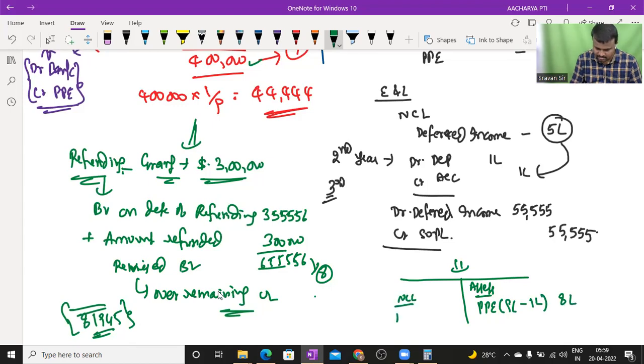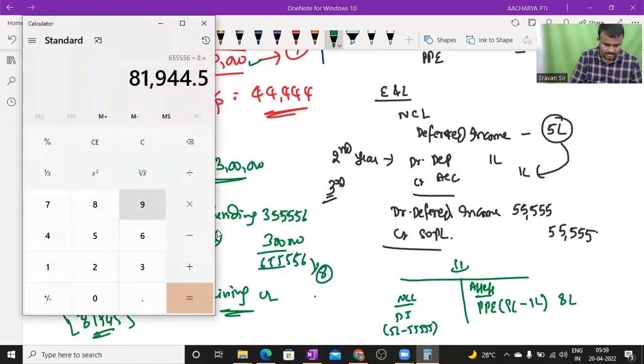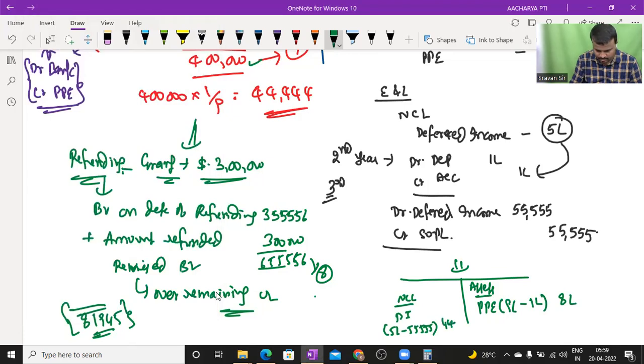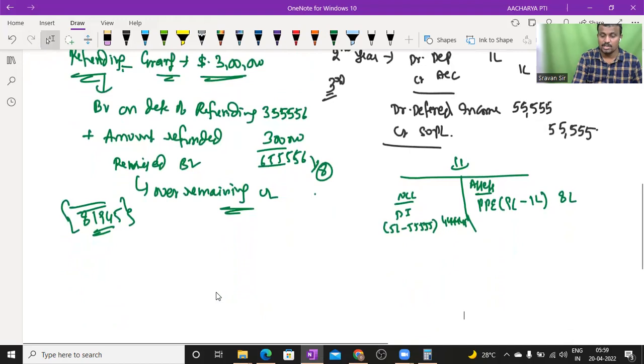On the liability side, we have deferred income: 5 lakh minus 55,555, so 4 lakh 44,445.